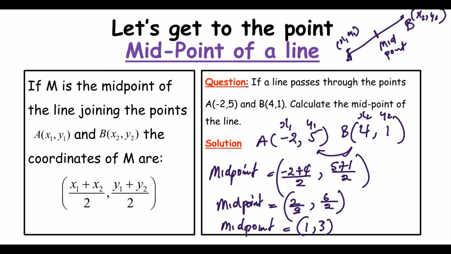So for the midpoint formula, we use (x1 plus x2, or x2 plus x1) divided by 2, comma, (y1 plus y2, or y2 plus y1) divided by 2.